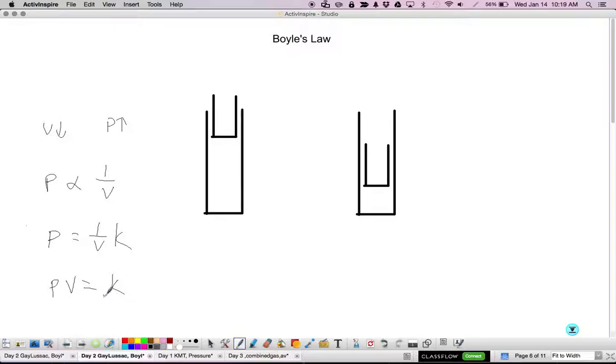So I can say P1V1 equals P2V2. And this is called Boyle's Law, named after Robert Boyle.